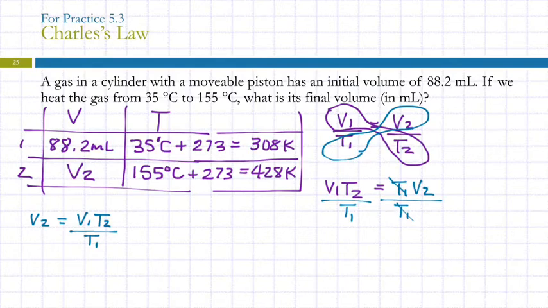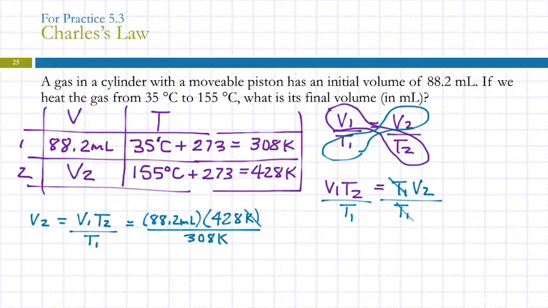Always double check. Those 1s and 2s are so easy to mess up. Okay, so volume 1, 88.2 milliliters, times temperature 2, 428 Kelvin, and then I'm going to divide by temperature 1, 308 Kelvin.